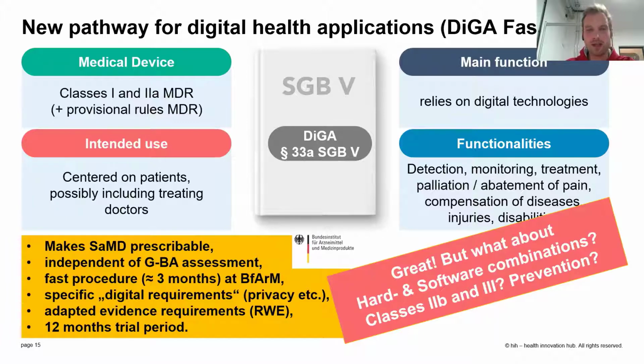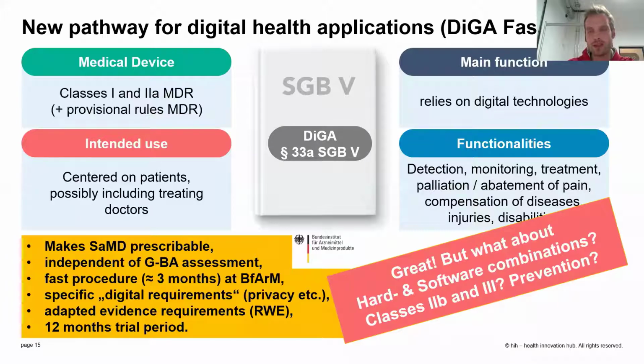Also, we still didn't come up with any idea for the risk classes 2B and 3, so it's only the lower risks of medical devices, and software that is focusing on prevention and has other functionalities is not included yet.